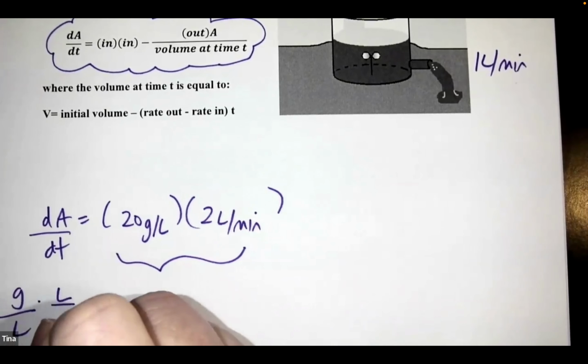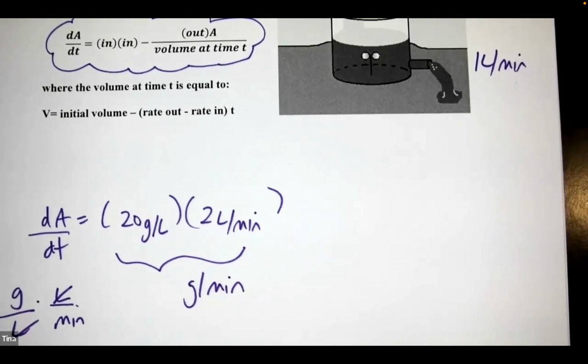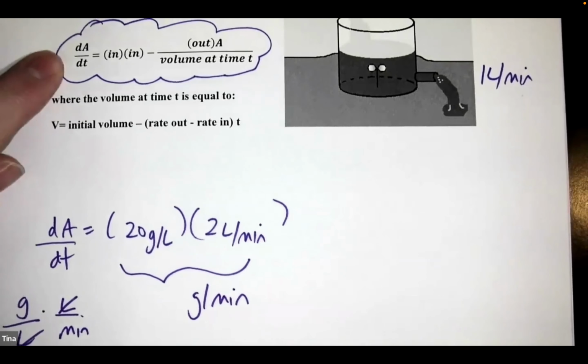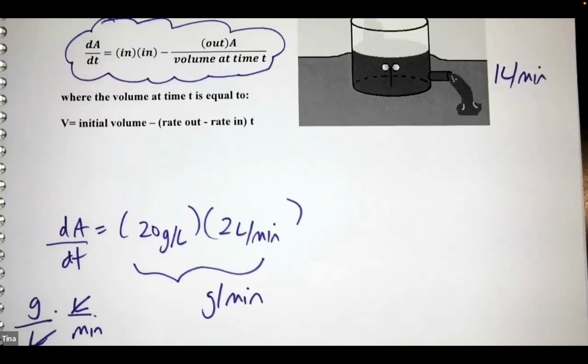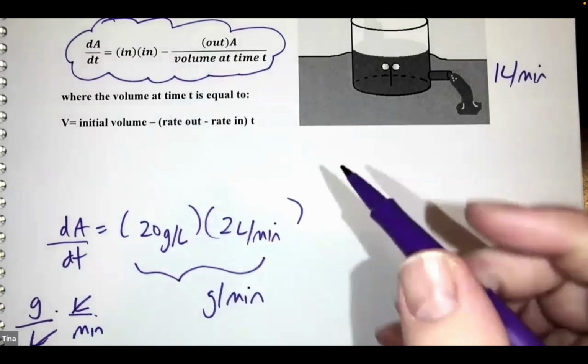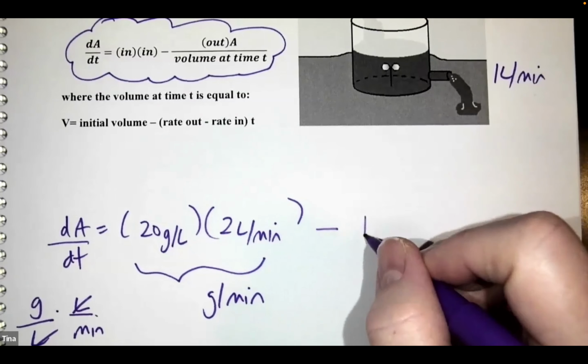Grams per liter, liters per minute, those cancel, and that's grams per minute. We have to make sure our units match. Now, A is the mass of salt, so that's in grams per time, and time is in minutes, so that matches too.